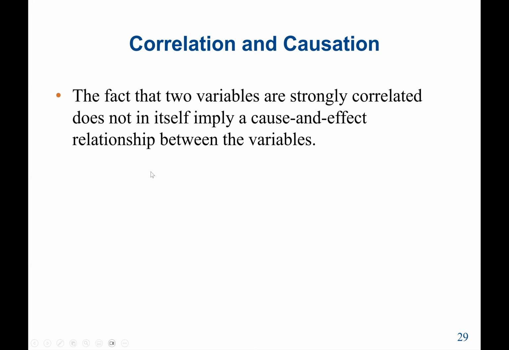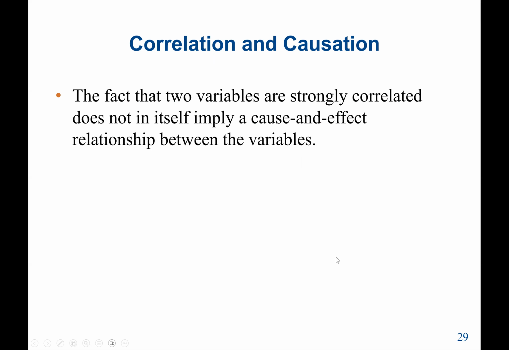Now, can we say that there's a relationship between sales of ice cream and shark attacks? Of course not. Here we have a correlation: during the summer, sales of ice cream go up, and shark attacks also go up. That's a correlation, but it's not a causation.